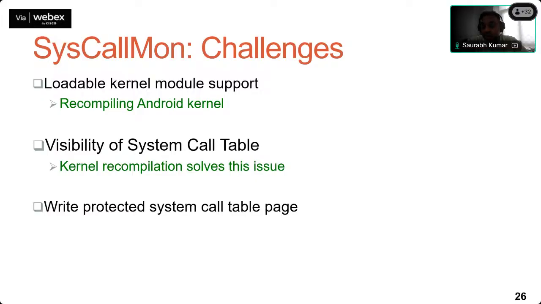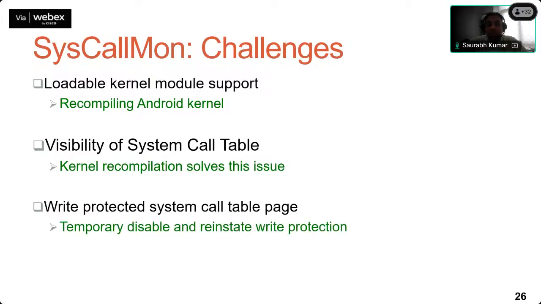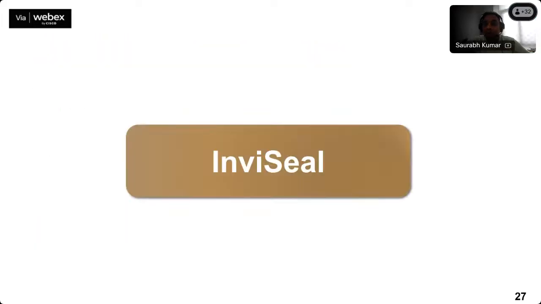To handle this challenge, we temporarily disable this protection and then re-enable the write protection after configuring our information. So this is nothing out of the box; we are just doing some hooking. After these three things, we developed InvSeal.